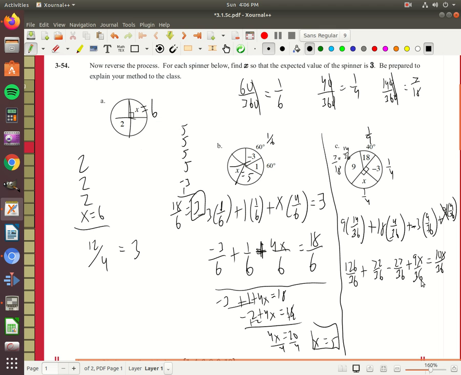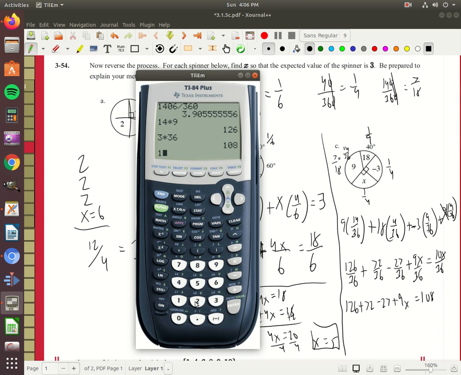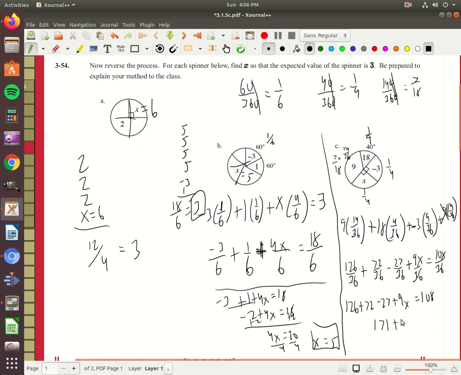So a lot going on with this problem, but now I don't need the denominators. I have my common denominators. I'll just worry about the numerators. So I'm going to have 126 plus 72 minus 27 plus 9x is equal to 108. I will solve this thing. 126 plus 72 minus 27 equals 171 plus 9x equals 108.